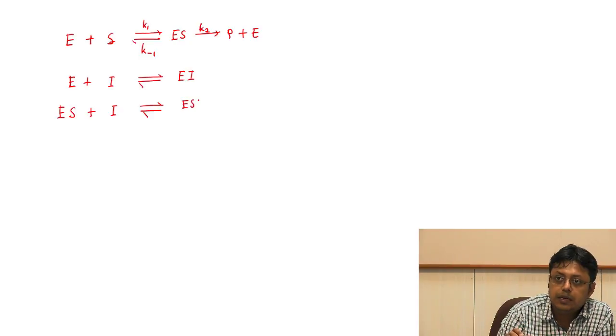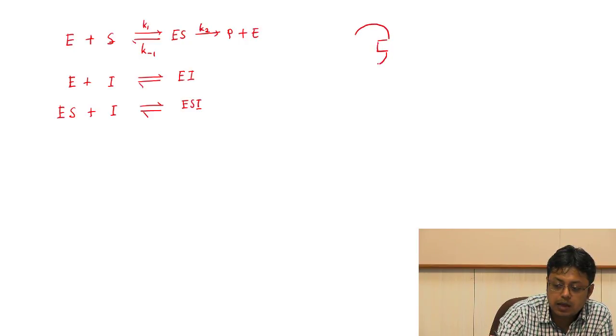Now what does it mean actually? Here the enzyme can have multiple binding sites, and suppose the shape of the enzyme pockets where the substrate or the inhibitor can bind is something like this.